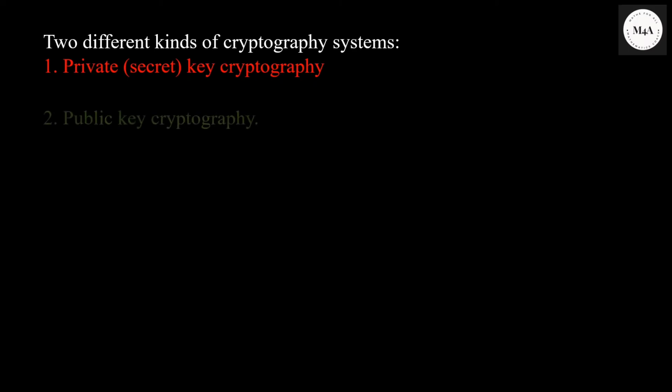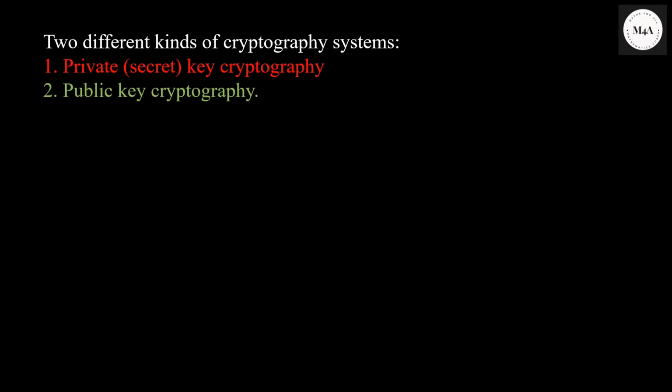Public key cryptography: public means it will be used by all, it is open, we can't hide it. Private key is concerned with only whoever is concerned with that key; only they can handle it.